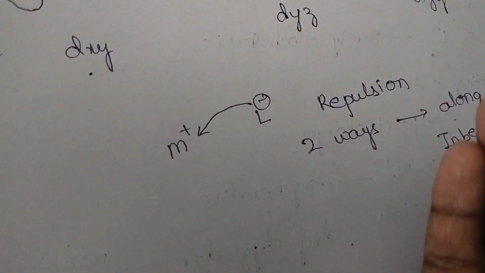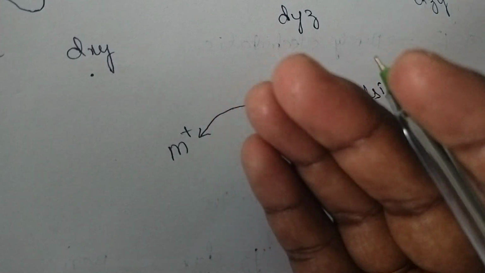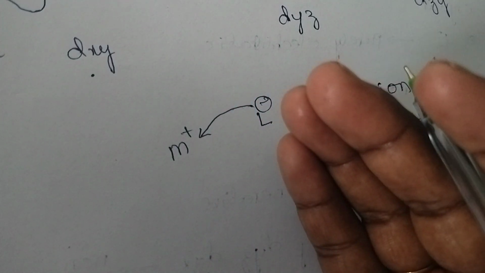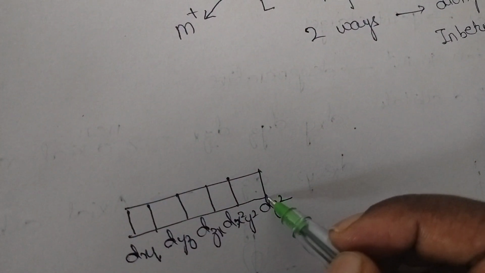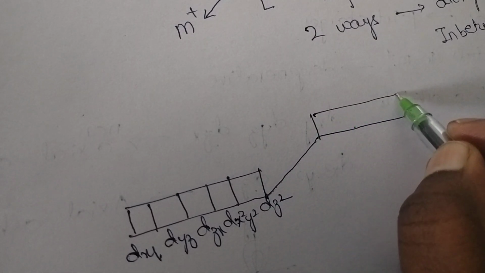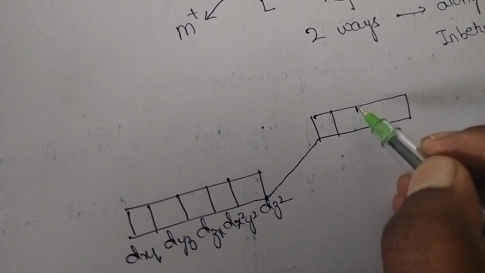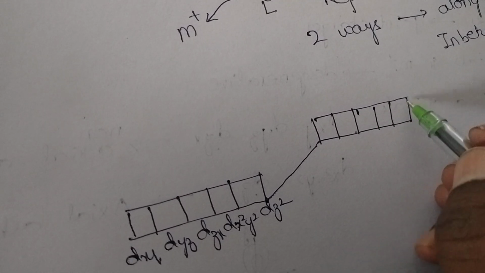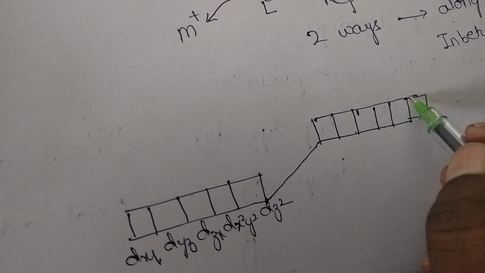As the ligand approaches the metal ion, there occurs a repulsion between the d orbitals of the metal ion and the ligand. Due to this repulsion, the energy of the d orbitals will increase to some extent. What happens when there is repulsion? The energy of the orbitals will increase.